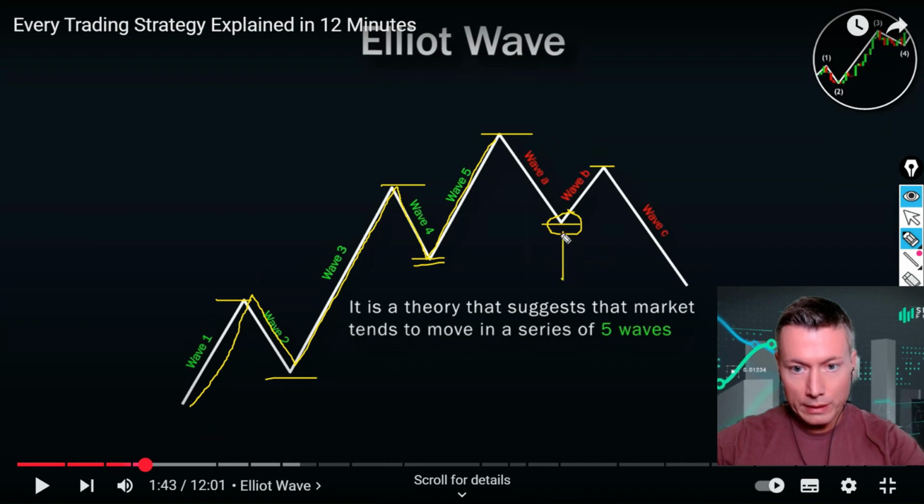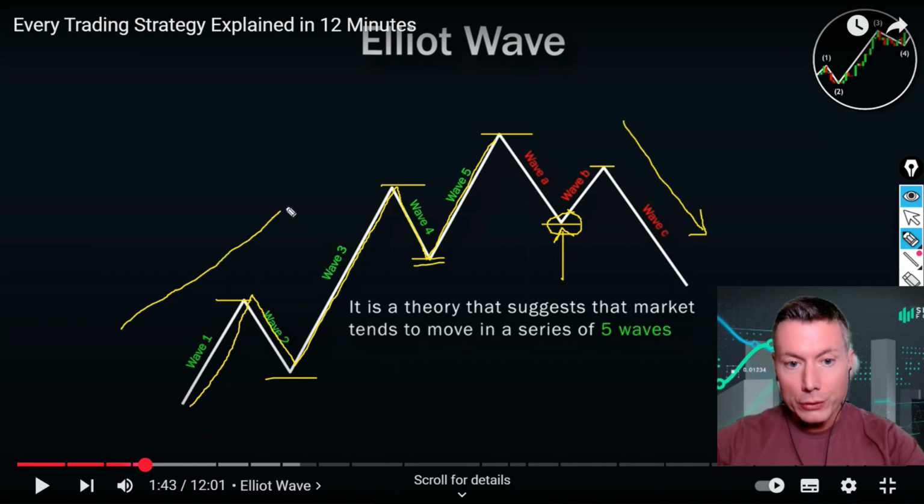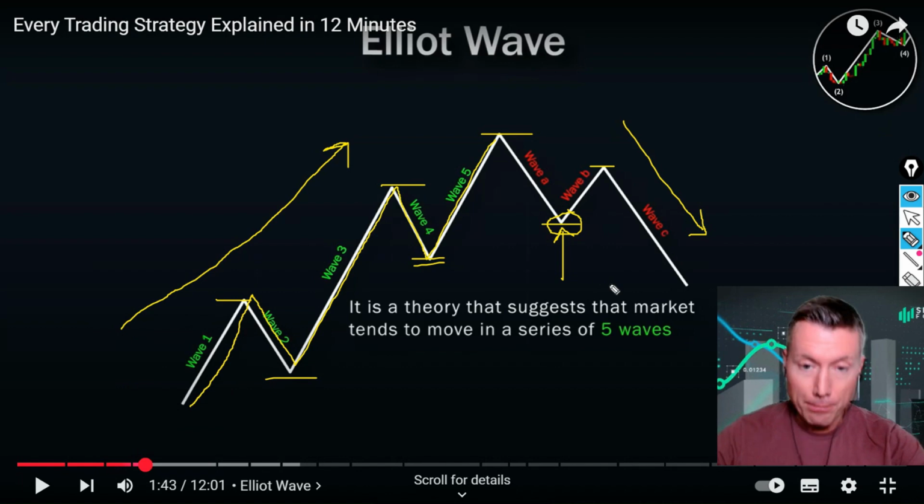But as soon as this level breaks, that's when I'm interested in selling this market, because this is now in a downtrend. And when we're in waves 2, 3, 4, and 5, I'm interested in buying. Now, it doesn't matter if I know Elliott Wave or not. It really doesn't. It's important that I know market structure and trend, and that is simple price action. And that is all that Elliott Wave is.